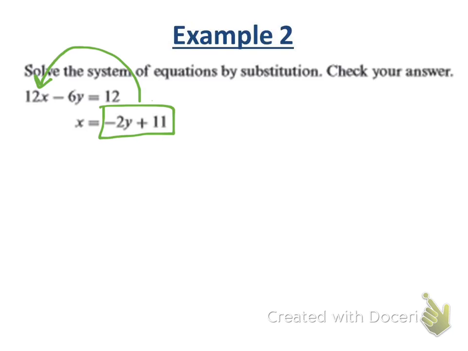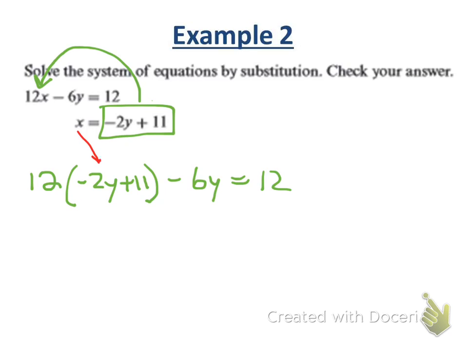All right, so I'm going to have 12 times negative 2y plus 11 minus 6y equals 12. All right. This is my x value right there.